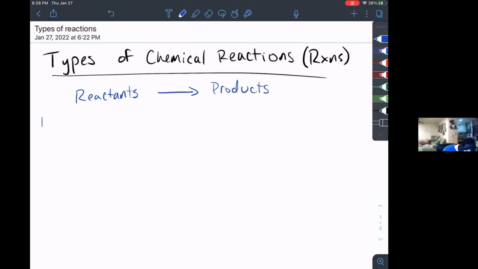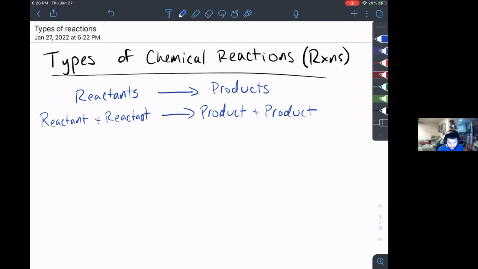So if we have more than one, we might say reactant plus reactant could make product plus product. And you can do as many products or reactants as you need to accurately represent the chemical reaction.